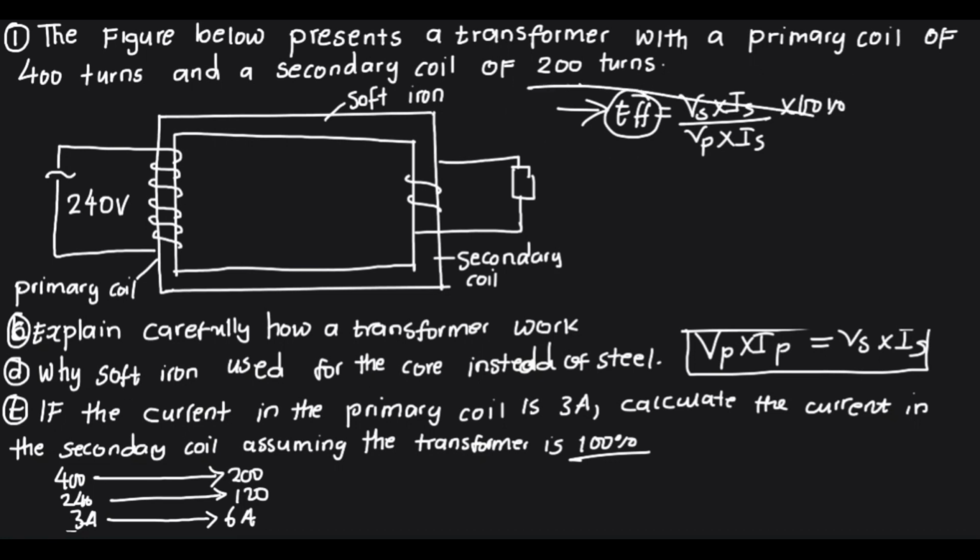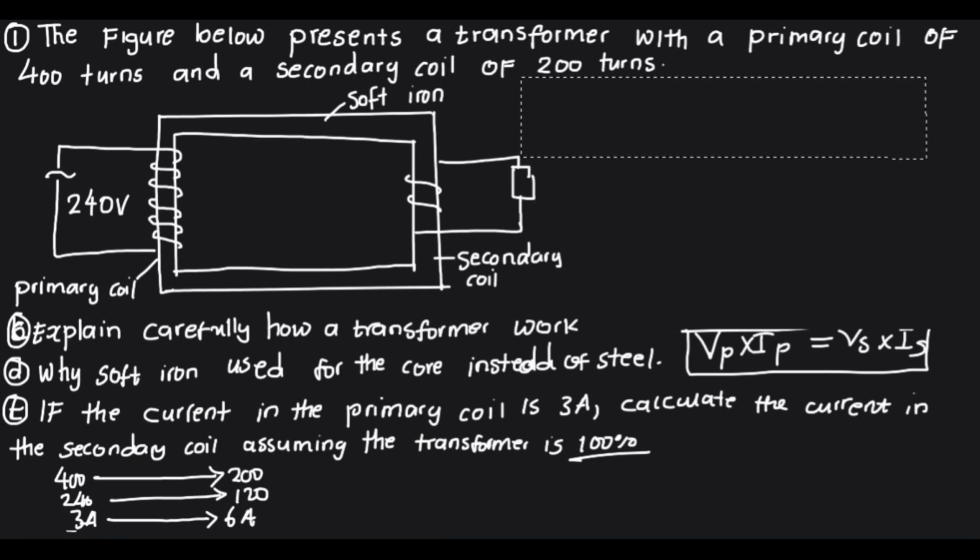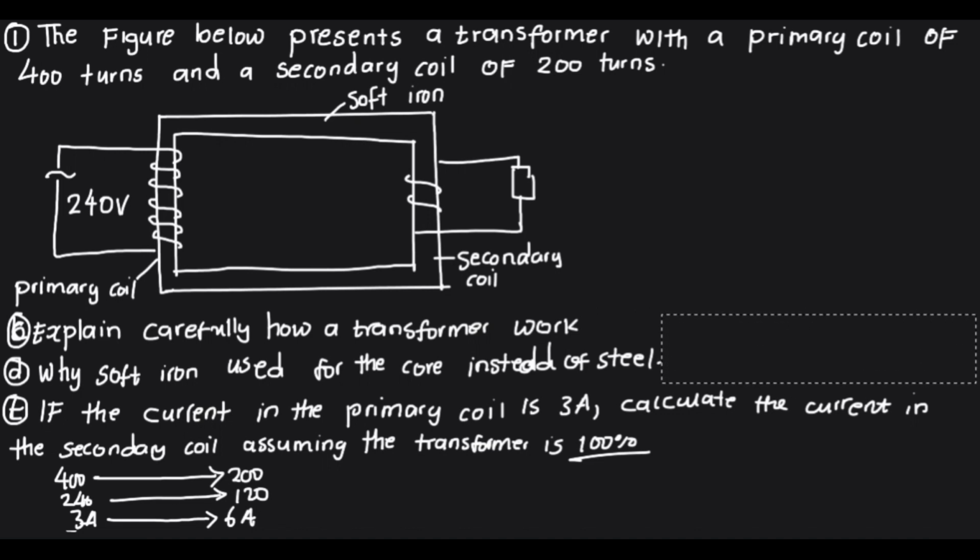Okay, so now let's also have some ideas about what happens if you are given in terms of power. So we can now calculate the power output. For power, we know that power is equal to voltage times the current. On the secondary coil, the voltage is 120, then our current is 6 amps.